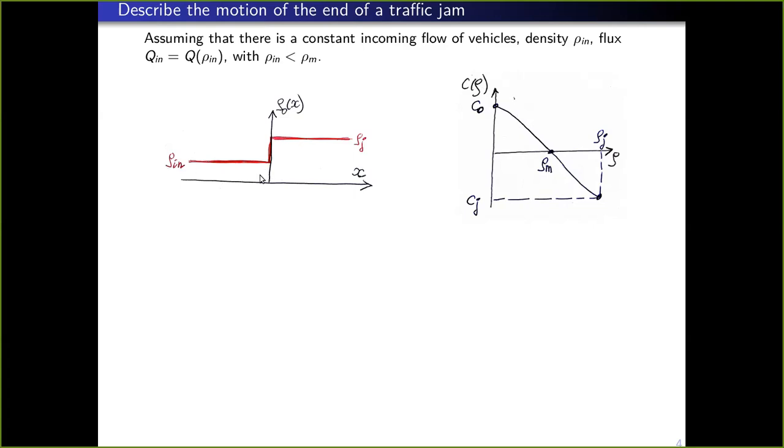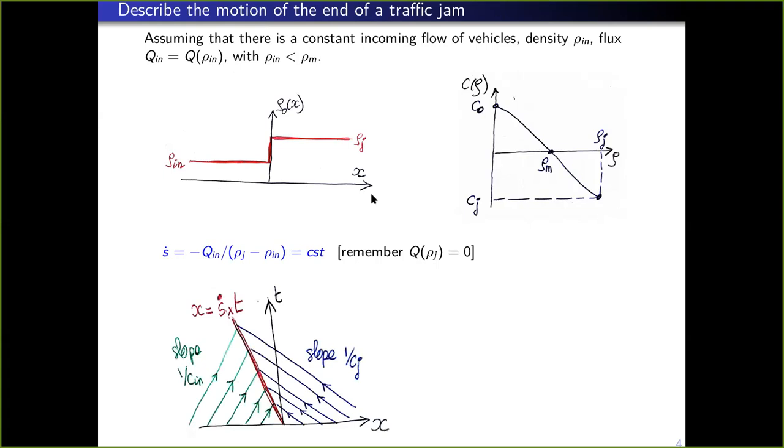And here one has a flux of incoming cars with density rho in and corresponding flux q in, with, for instance, in this case, rho in smaller than rho m. Rho m is the point where C changes sign. So one will have a shock, of course, because these guys there at the left move with velocity C in.